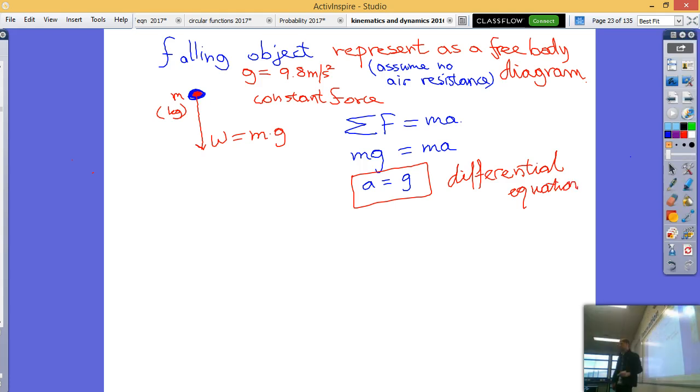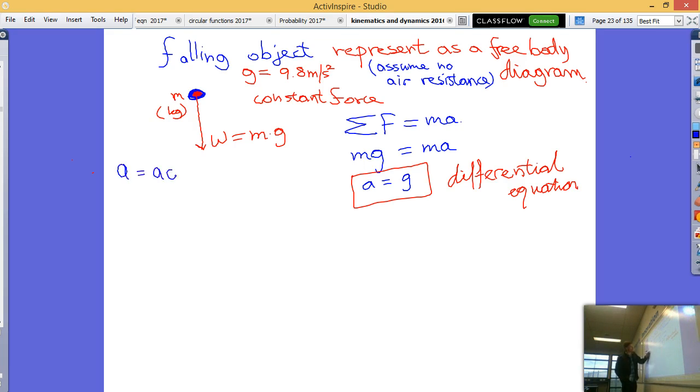Okay, that is a differential equation. Now, what do we know about a, acceleration? Acceleration is the rate of change. We've got a change in velocity for every change in time.